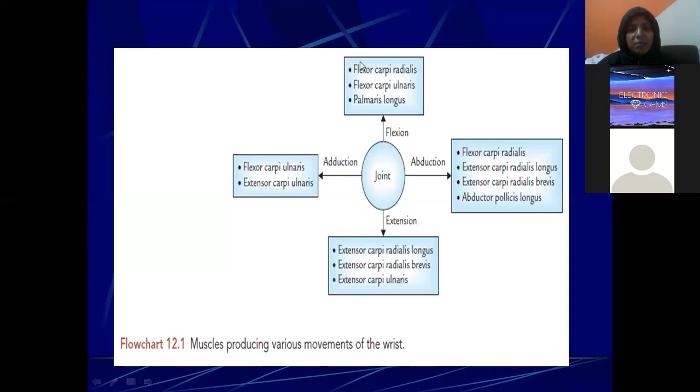For flexion we have flexor carpi radialis, flexor carpi ulnaris, palmaris longus. Extension, extensor group of muscles: extensor carpi radialis longus, brevis, extensor carpi ulnaris. Adduction, flexor carpi ulnaris, extensor carpi ulnaris. Abduction, flexor carpi radialis, extensor carpi radialis longus and brevis, and abductor pollicis longus.